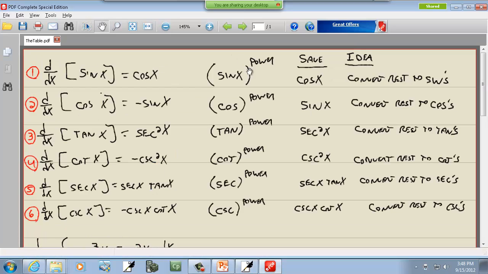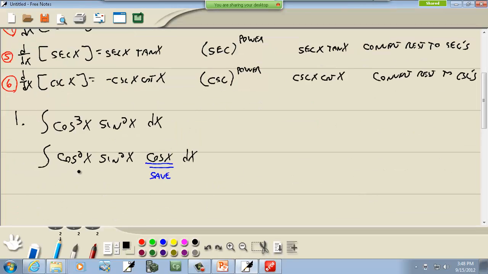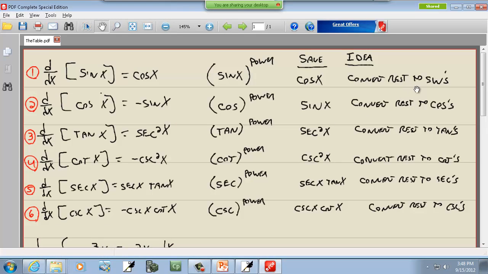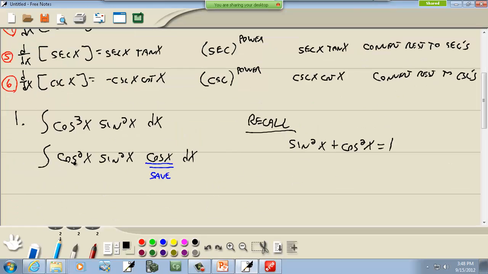Okay, so we've saved our cosine. Now we want to convert everything else to sines. Well, recall sine squared plus cosine squared is equal to 1. We just said we want to convert the rest to sines. So over here, I need to get rid of this cosine squared.